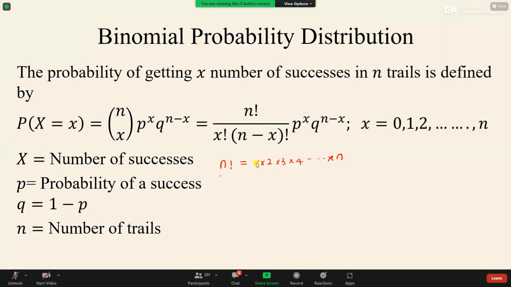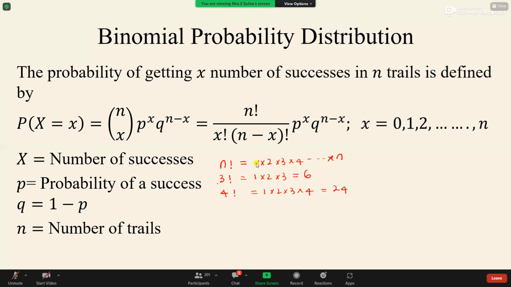So 3 factorial means 1, 2, 3, that is 6. Then 4 factorial means 1, 2, 3 into 4, that is 24.